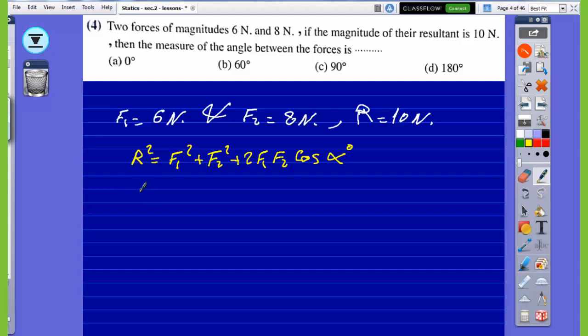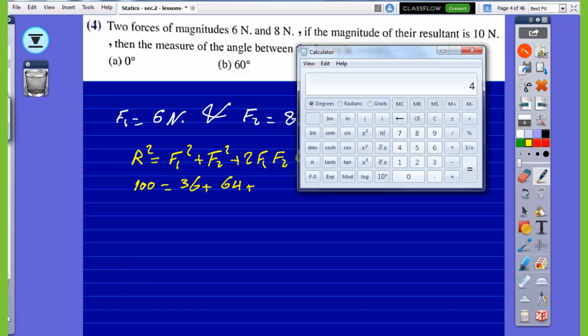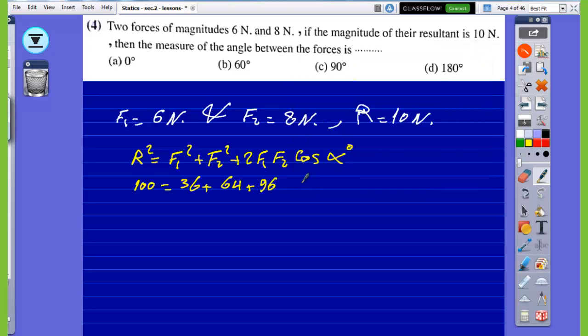R square will be 100 equals F1 square, which equals 36, plus F2 square 64 plus 2 multiply 6 multiply 8, it is 48 multiply 2 equals 96, 96 cosine alpha.